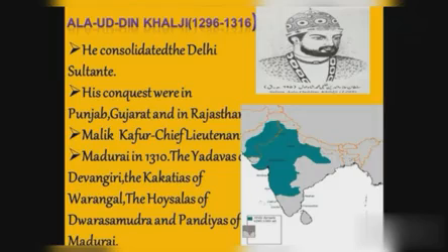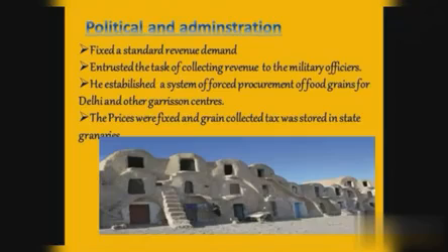Alauddin's political and administrative reforms were as impressive as his military conquest. Alauddin undertook a survey of agrarian resources around his capital and fixed a standard revenue demand. The task of collecting the revenue was given to military officers.